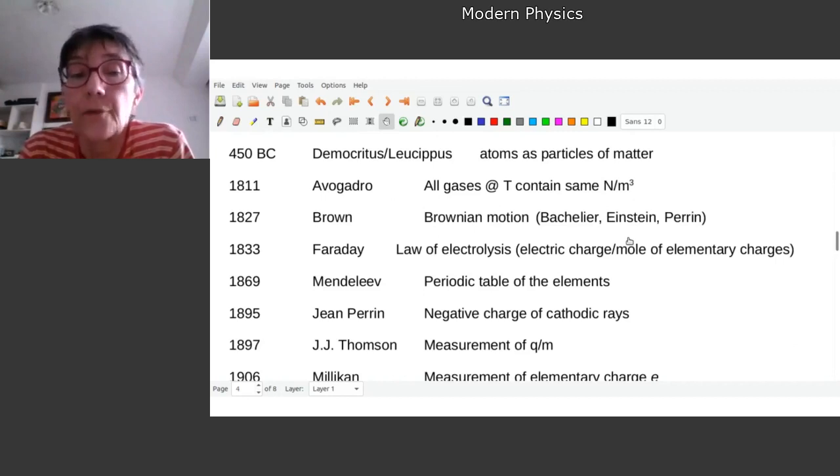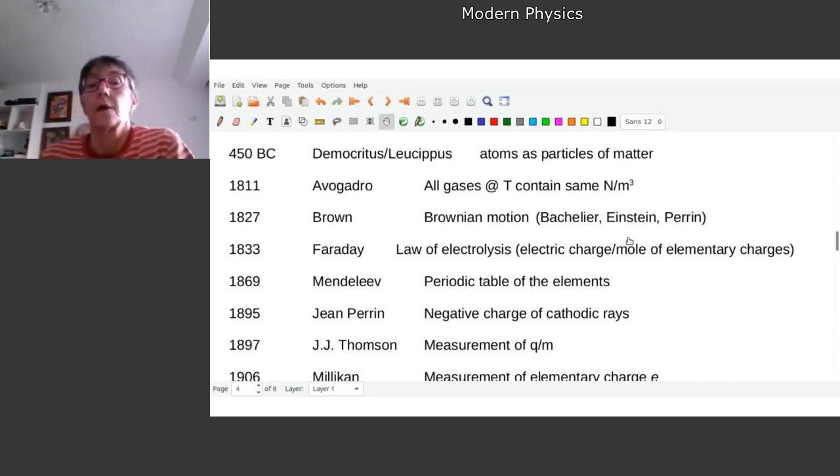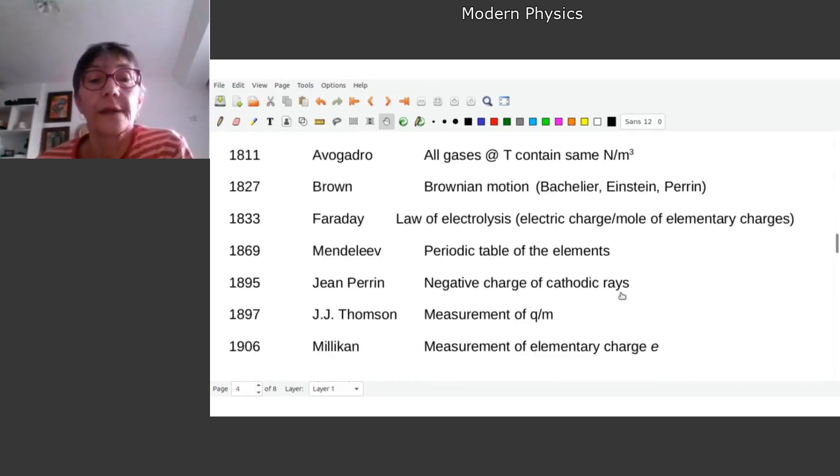And Perrin, a few years after Einstein, demonstrated experimentally that the theory of Einstein was correct. So I think that Perrin won the Nobel Prize for this interesting feat.